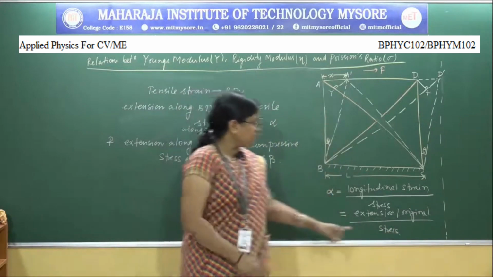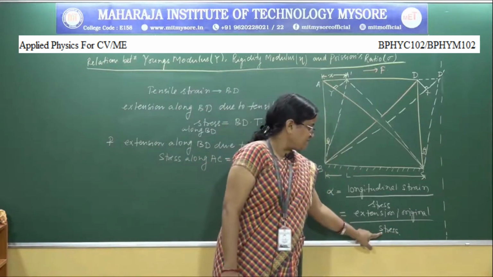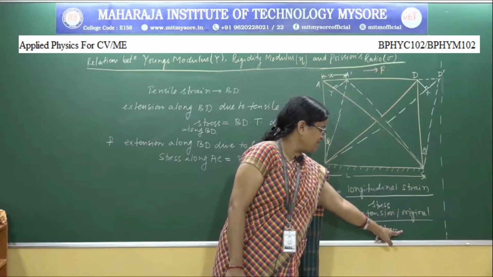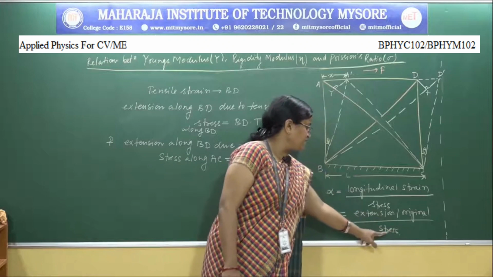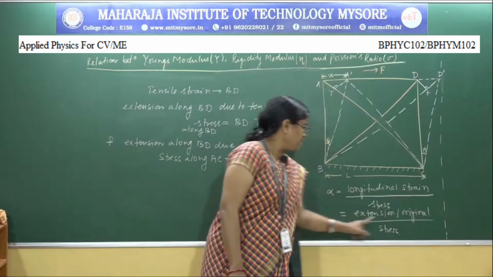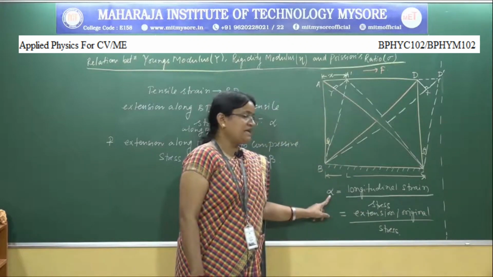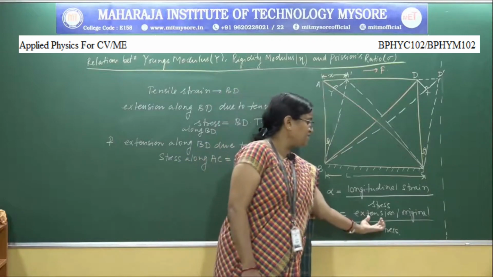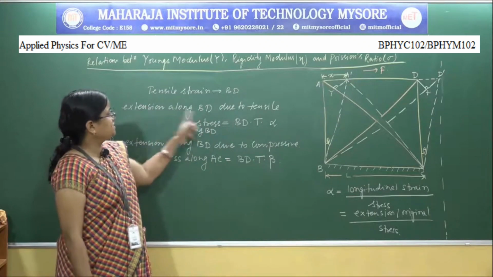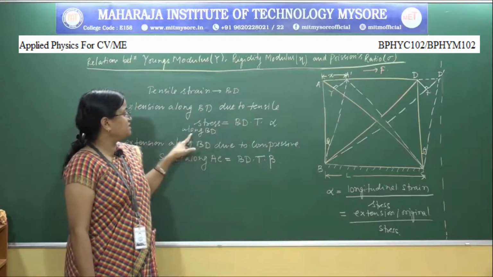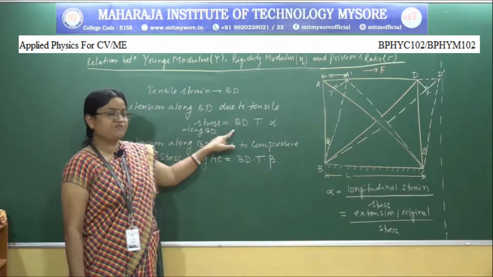Stress here we are considering as T, and the original length is BD. Both stress and original length BD, that is T and BD, get multiplied with alpha and you get the extension value. So the extension along BD due to tensile stress along BD is BDT alpha.